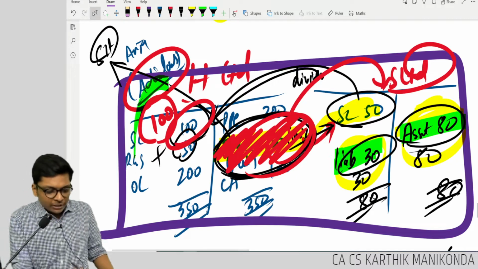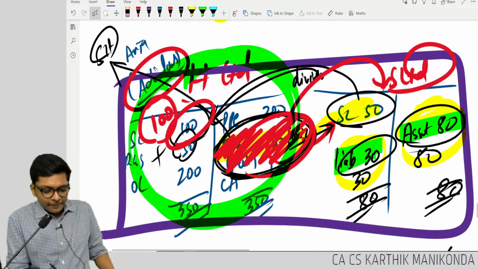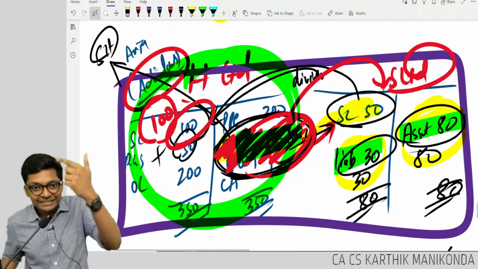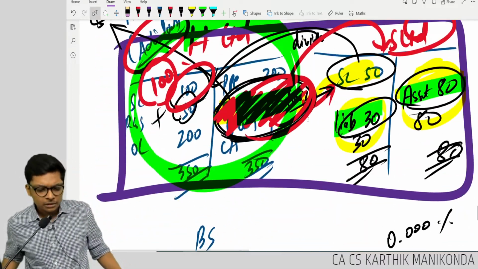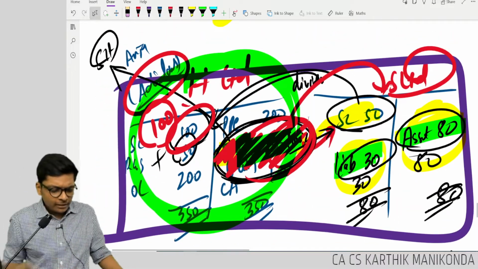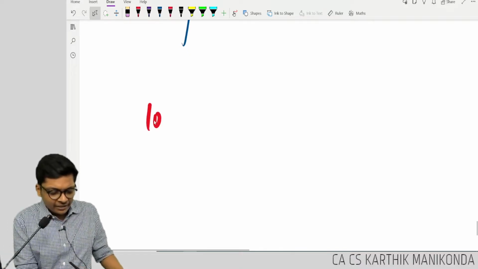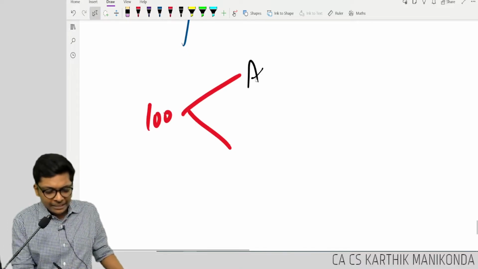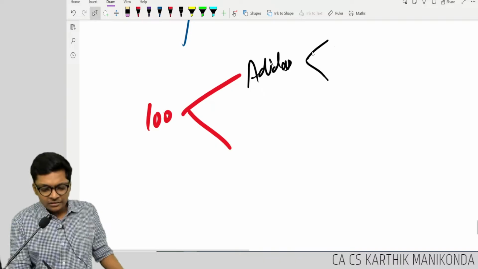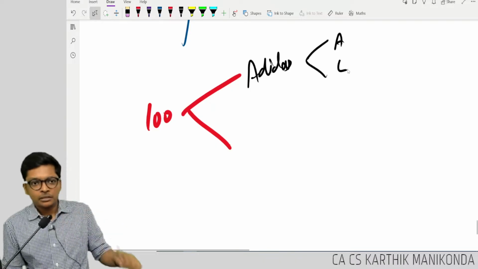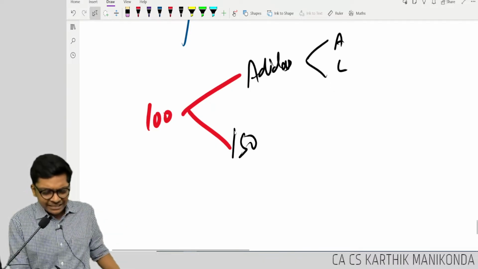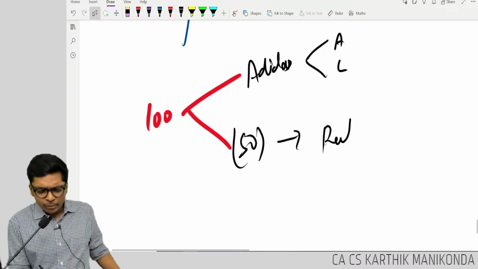I am saying, look at this, your 100 is here, but 50 out of the 100 is in some other company. Are you following? Then she is saying, okay, so Anjana gave 100. In this 100, my company is Adidas, for which she can see the assets and liabilities. She is saying the other 50, you invested in Reebok.